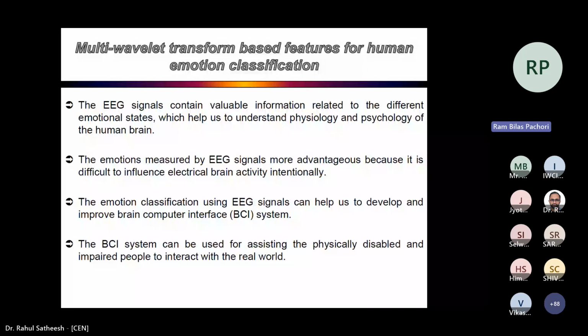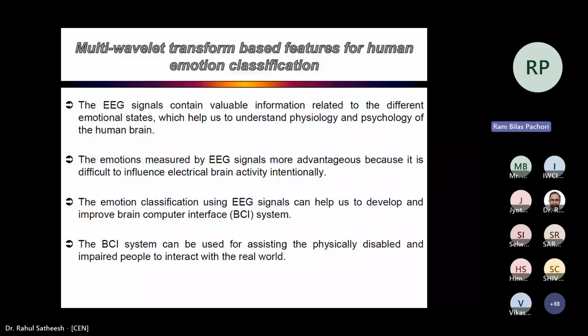So emotion classification using EEG signals is very useful to develop improved brain computer interface systems, and a BCI system can be used for assisting physically disabled and impaired people to interact with the real world. For example, somebody who is not able to speak, EEG signals can be recorded, and different emotions can be used to understand the actual need of the person. Suppose he is not feeling well, then he will have different emotions; after treatment he will have different emotions.